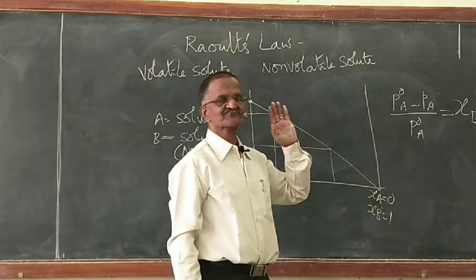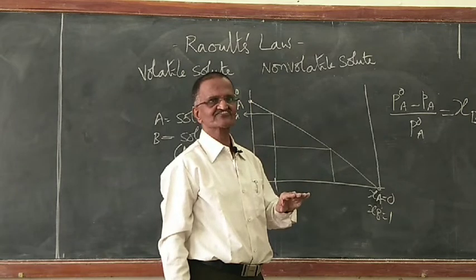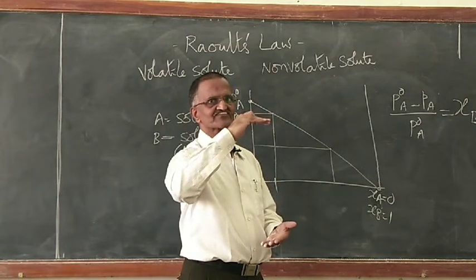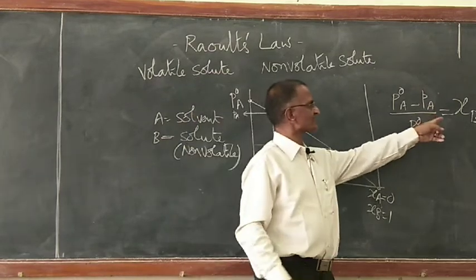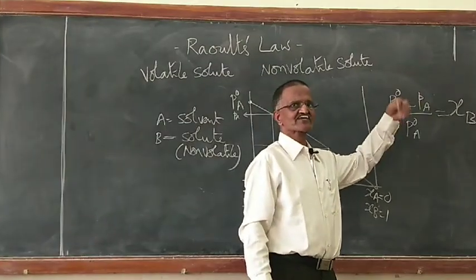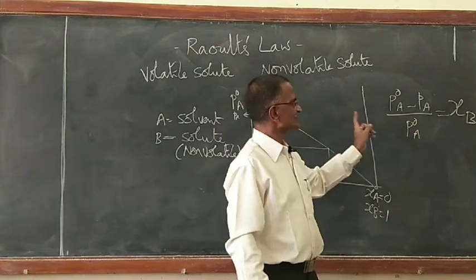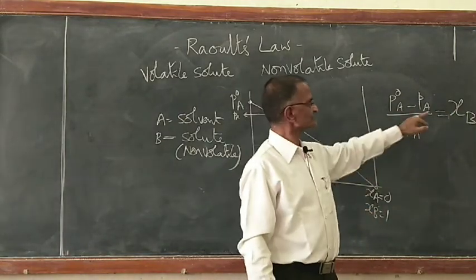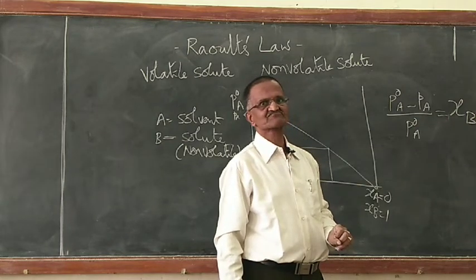So, if I prepare a solution with a non-volatile solute and determine the total pressure on the surface, I can find out the decrease, and from that the relative decrease, which is equal to the mole fraction of the solute.